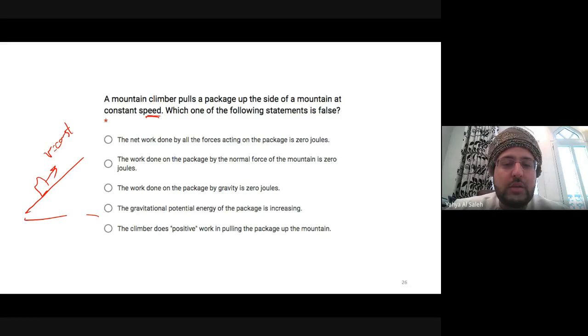The work done on the package by the normal force of the mountain is 0 joules. The work done on the package by gravity is 0 joules. The gravitational potential energy of the package is increasing. The climber does positive work in pulling the package up the mountain.